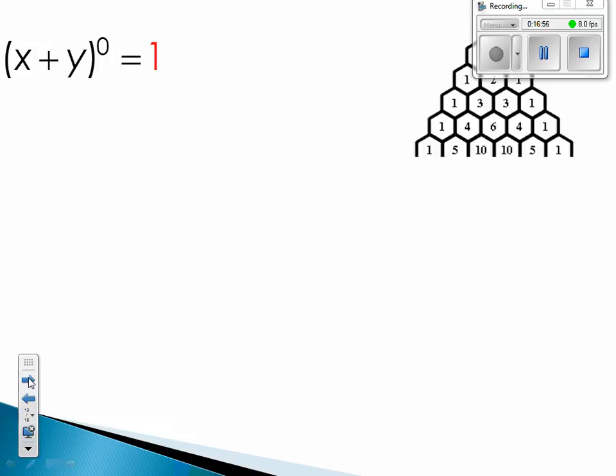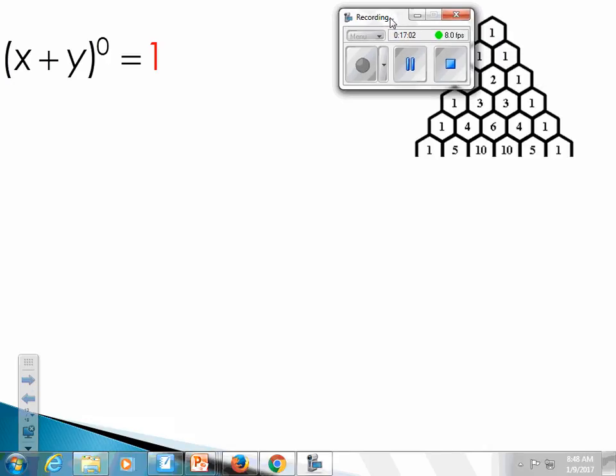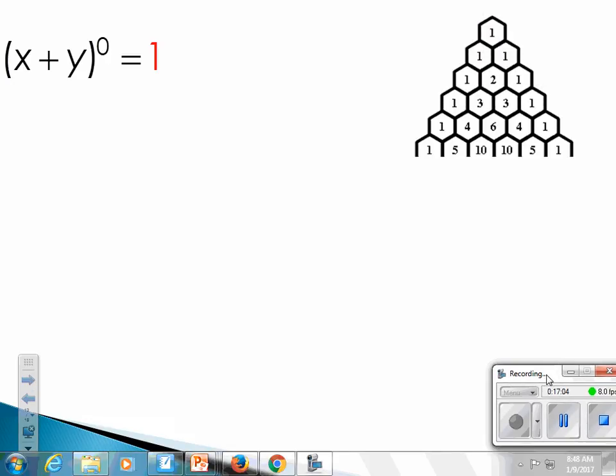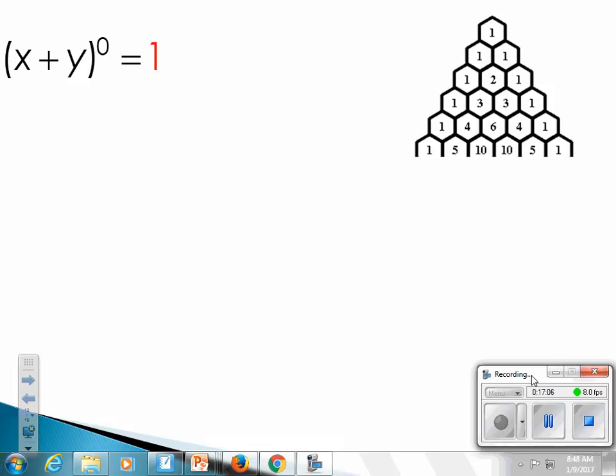Because here's why we need to know this, okay? Using Pascal's triangle, and we know this is row 0, row 1, row 2, row 3, row 4, and row 5.